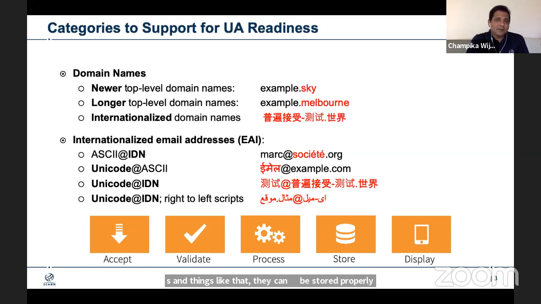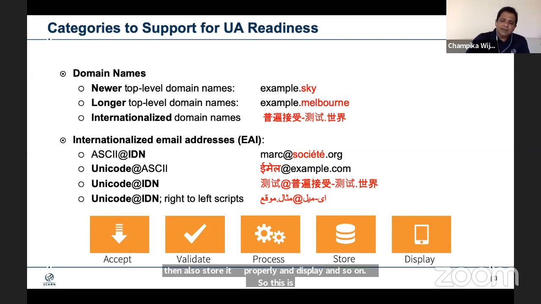Say, for example, if you try to register for a certain website web form and you give your email ID as an EAI, we have to make sure that the application can accept those email IDs, process them properly, and then also store and display them properly. So this is what we are trying to achieve in universal acceptance.